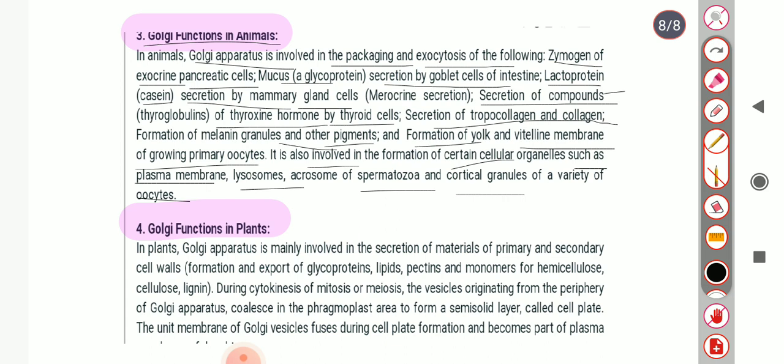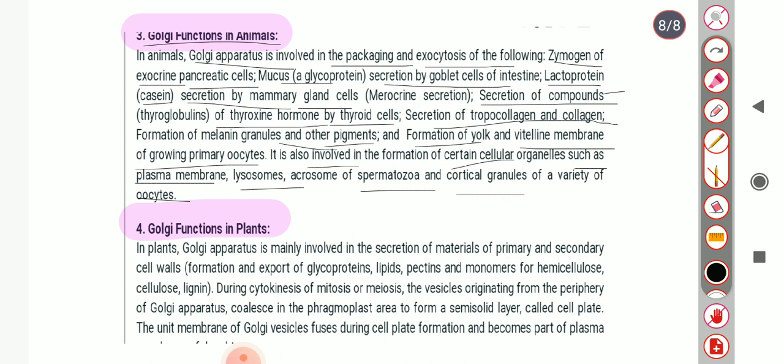So in animal cells, the Golgi body's first function is packaging and exocytosis, and second, it is involved in secretory vesicles and in certain cellular organelles such as plasma membrane, lysosome, acrosome of spermatozoa, and cortical granules of a variety of oocytes.